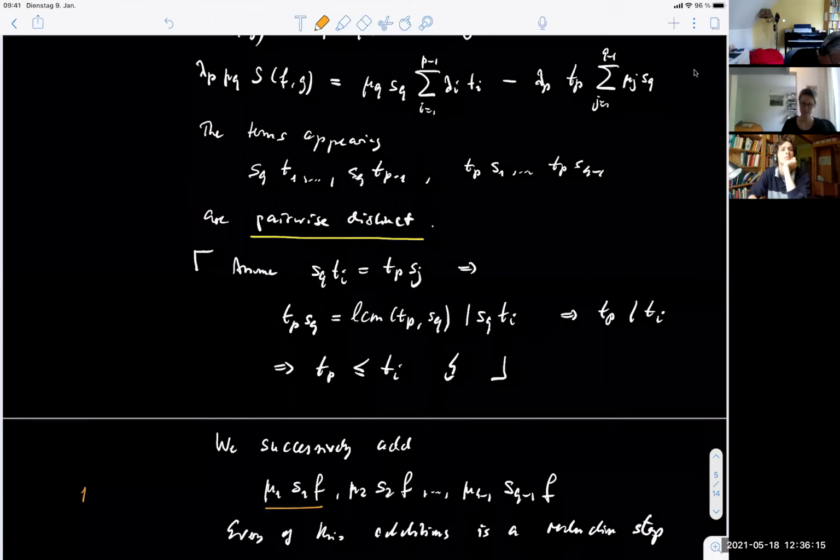The leading term is this, T_P. And this term appears here, I make it orange, because in this sum the first one has T_P S_1.